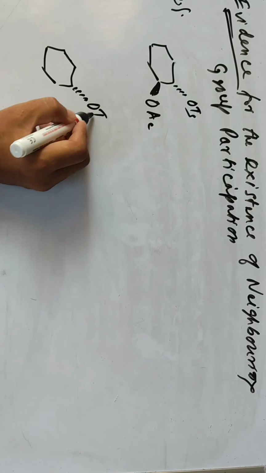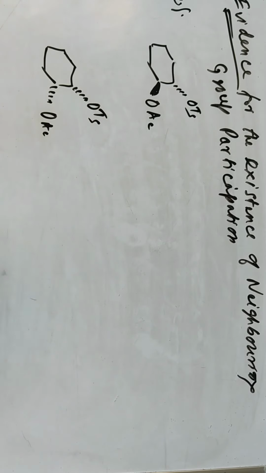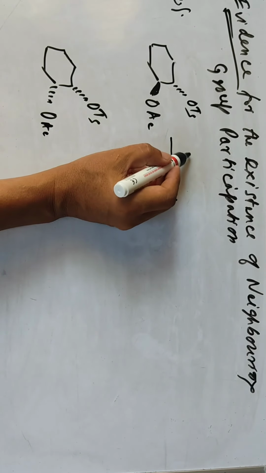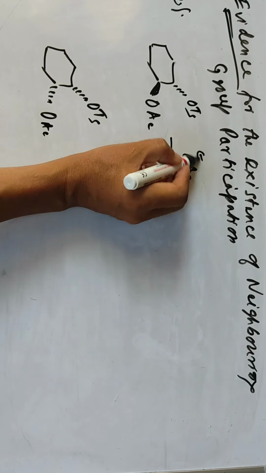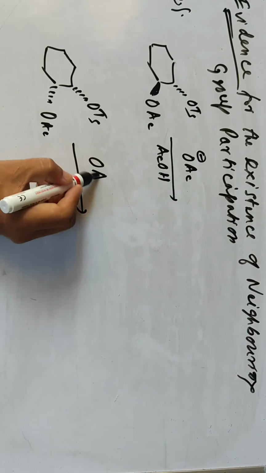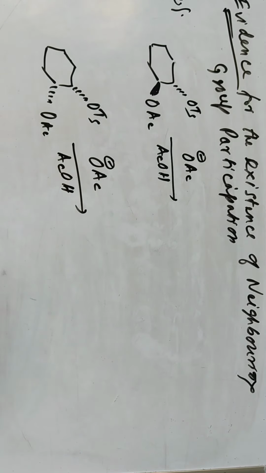You can have cis OTs and cis OAc acetate group. Here, solvolysis takes place using acetic acid, with acetate anion and acetic acid. So the first case is a trans system.